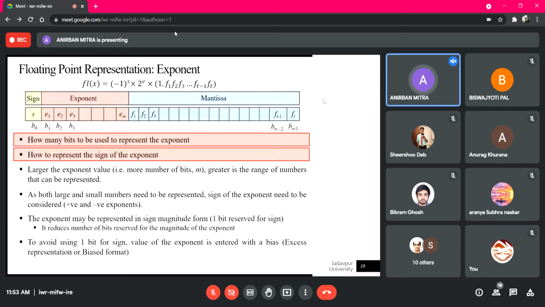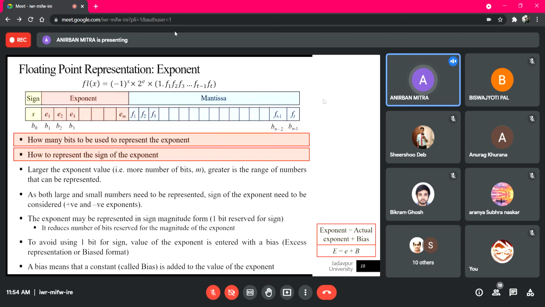What is done is that we add something to the exponent and make it a positive number. This is basically analogous to, say, changing the origin of a coordinate system. So what we do here is a constant value, which is obviously called the bias, is added to the value of the exponent.